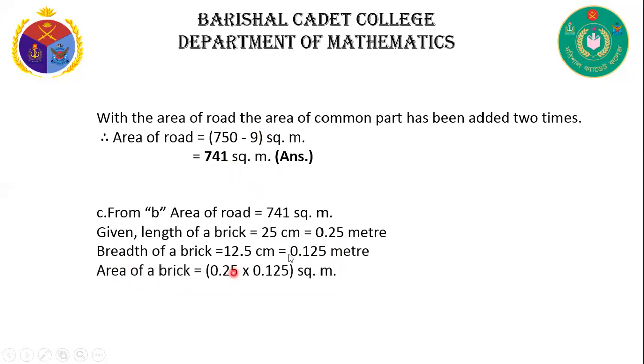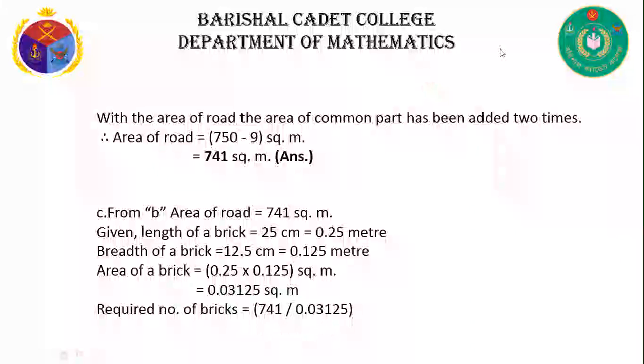So area of the brick is length into breadth, that means 0.25 into 0.125, that means 0.03125 square meter. So required number of bricks is 741 divided by 0.03125, that means 23712. This is our required answer.